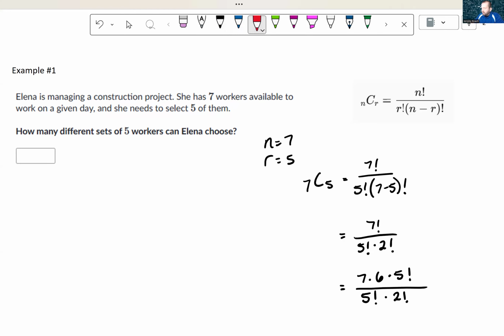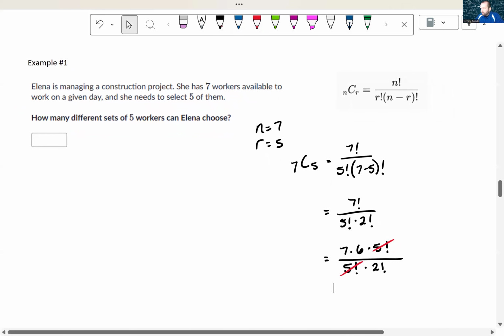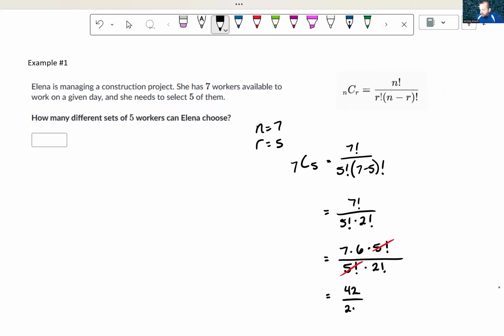And now we can cancel out the 5 factorials. And now we're left with 42 over 2 factorial, which is just 2 times 1, which is the same thing as 2. 42 over 2 gives us 21. So there's 21 different ways that she can pick these different groups of 5 workers.